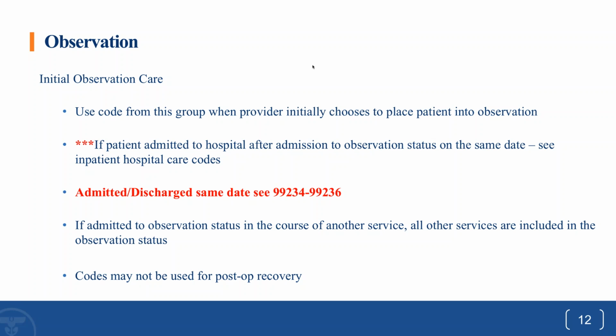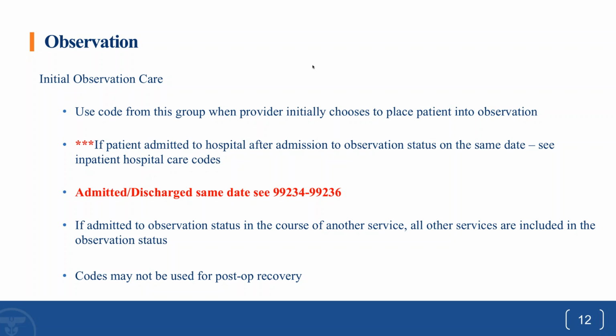Okay, so let's say you were admitted on Monday and you're there Tuesday, Wednesday, Thursday, and you could be discharged on Friday. Well, Tuesday, Wednesday, and Thursday are considered to be subsequent hospital care. That's found on page 17. Subsequent hospital care means the patient's already there.